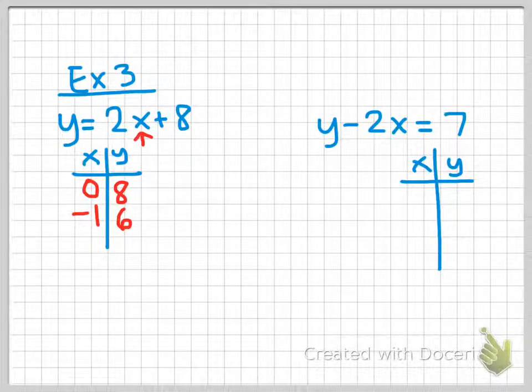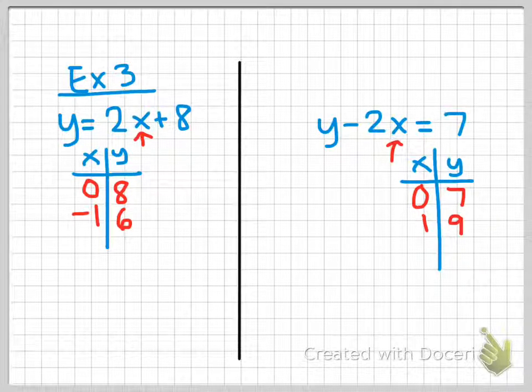On this side, if I put 0 in for the x, that's 2 times 0 is 0. 7 minus 0 would give me 7. And then let's try 1. If I put 1 in here, 2 times 1 is 2, so y has to be 9, because 9 minus 2 equals 7. So those are my 2 points. And we're going to graph and find the point of intersection.